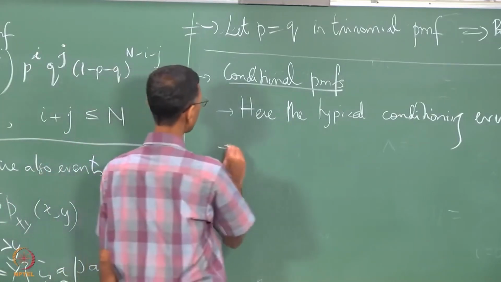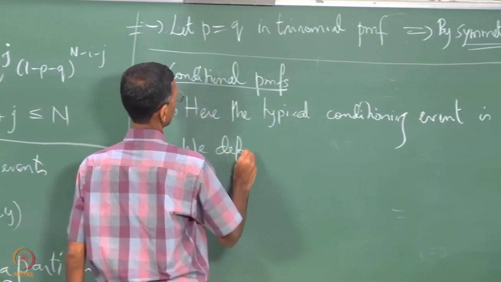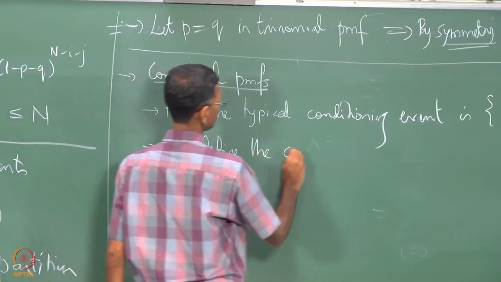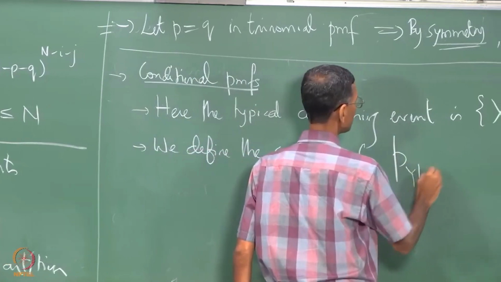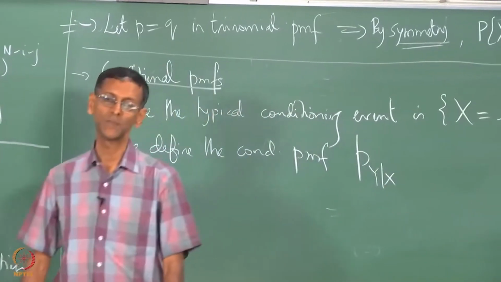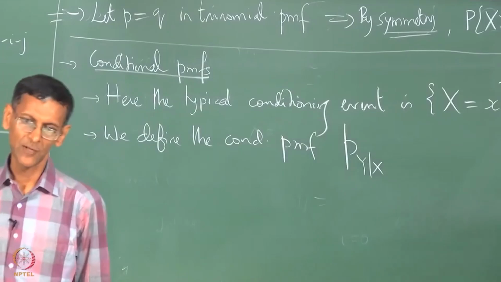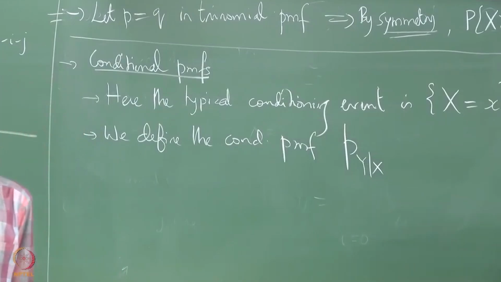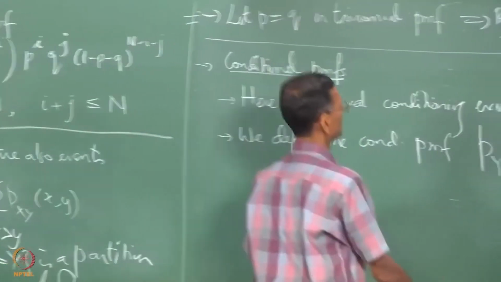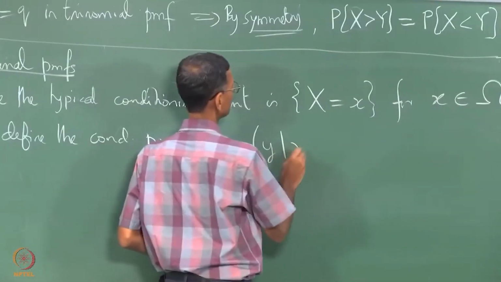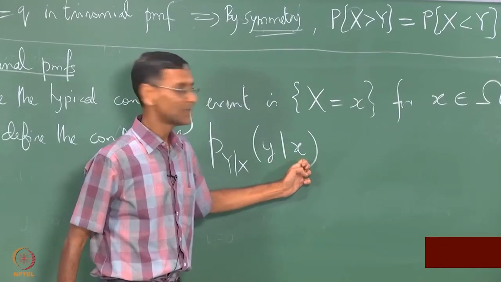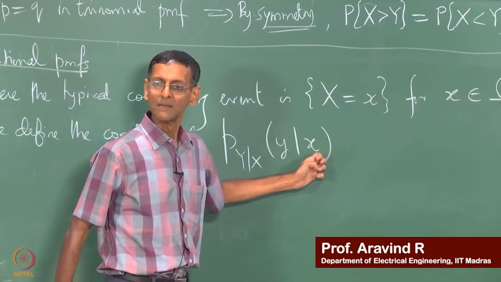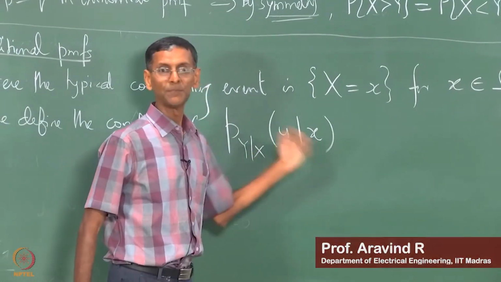So we define the conditional PMF P of Y given X. This is the notation we are going to use: Y vertical line X as a single subscript, argument y given x. So this X takes this value small x, and this is the argument of the PMF.